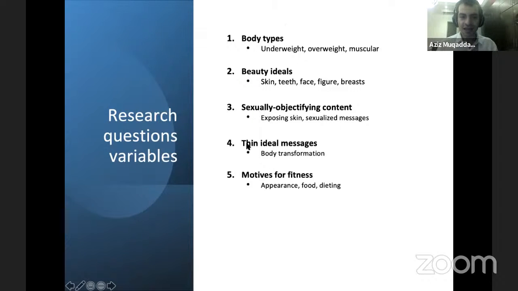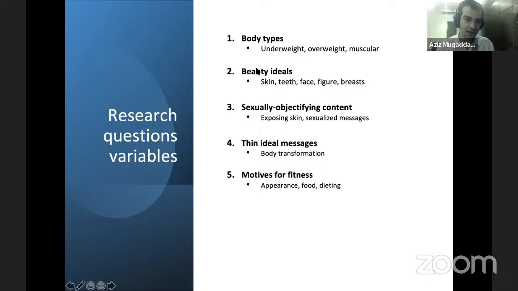They had 5 different research questions, if you recall, and these are the variables in these research questions. So they're looking at the units, the images and text, for body type: underweight, overweight, muscular. The beauty ideals, determined by the skin, teeth, face, figure, and breast.